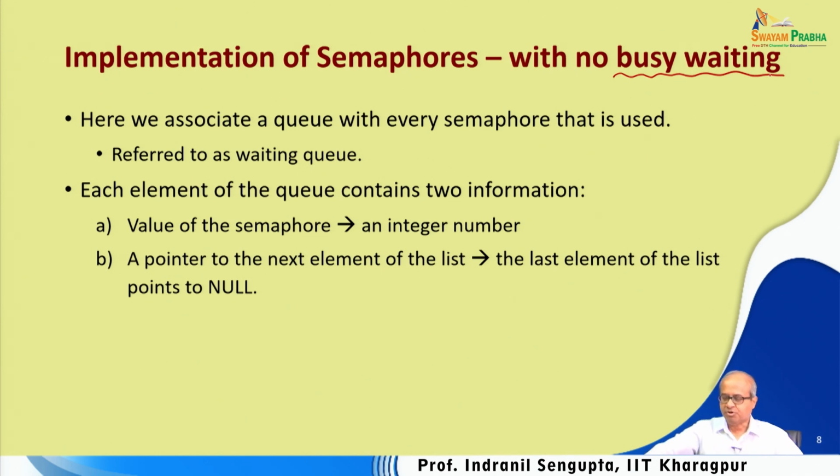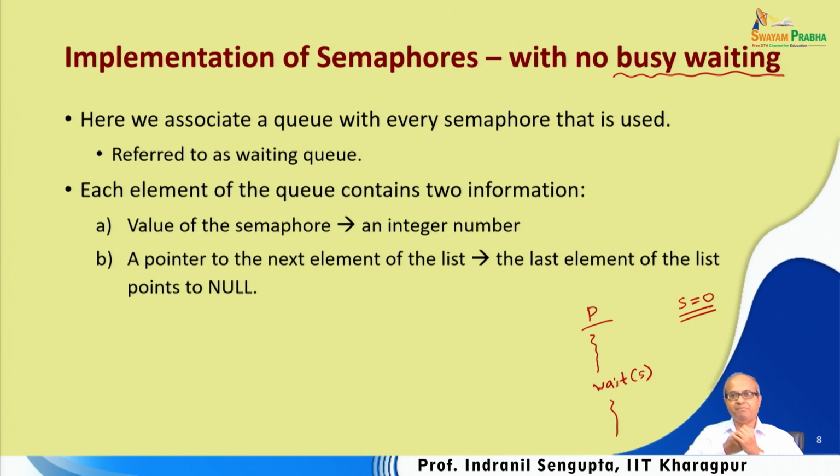Suppose a process was executing and somewhere it executed a wait on a semaphore. Let us say the initial value of semaphore s was 0. So, as per the definition, the process is supposed to wait here. Now, in our earlier solution we said that the process was waiting by a spin lock in the while loop, it was wasting CPU time.